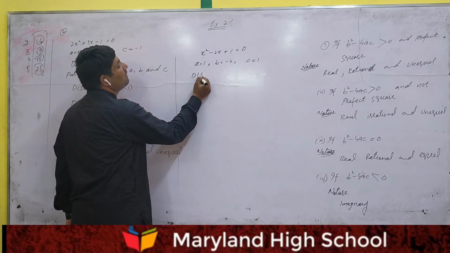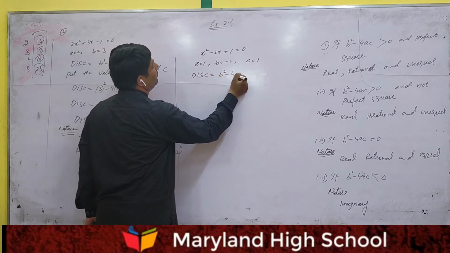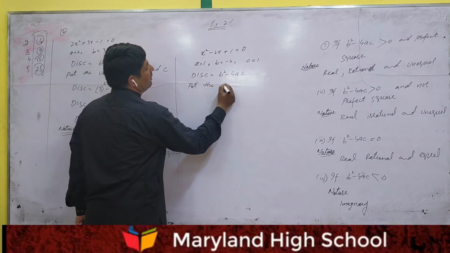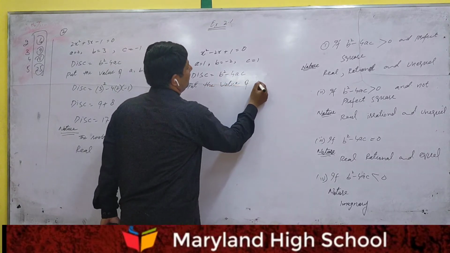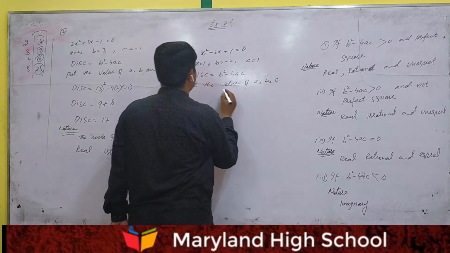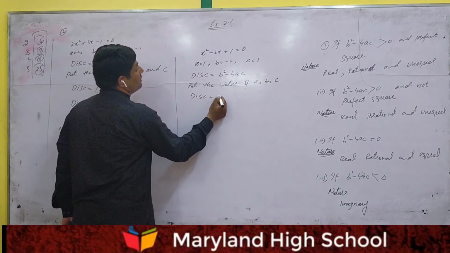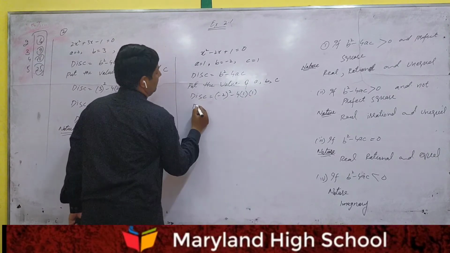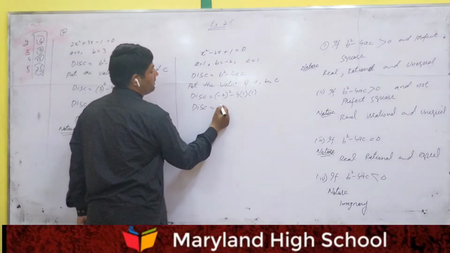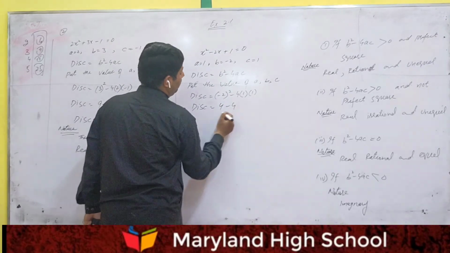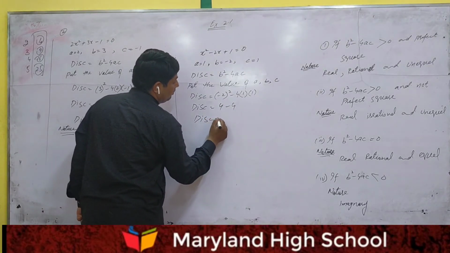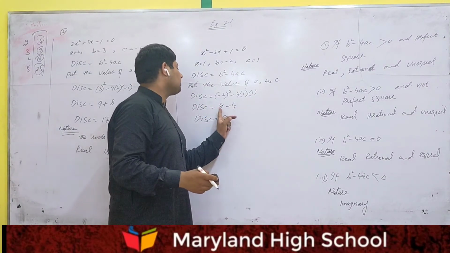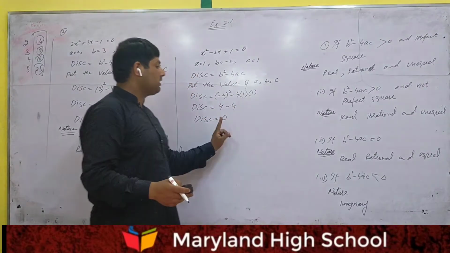Find the disk. b square minus 4ac. Put the value of a, b and c. This is equal to minus 2 square minus 4 into 1 into 1. Disk is equal to plus 4 minus 4. Disk is equal to 0. Plus 4 minus 4 cancel, and the answer is equal to 0.